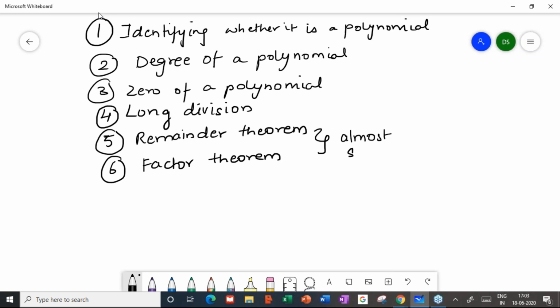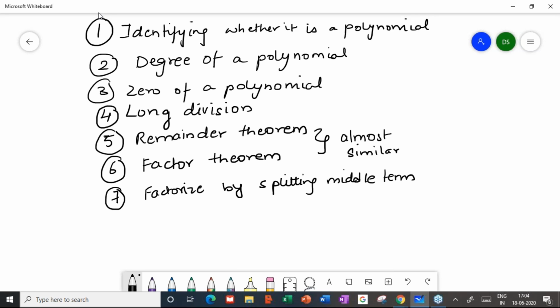This is just like a recap of what all we covered today. Then factorizing by splitting the middle term, and the last one is identities.